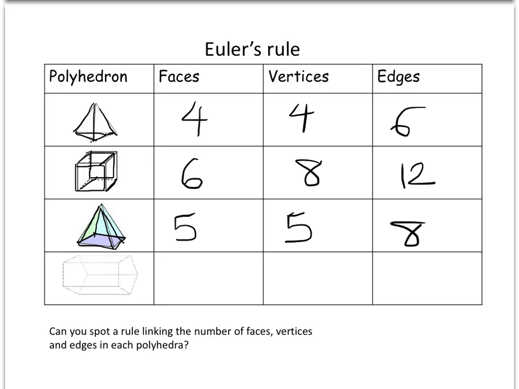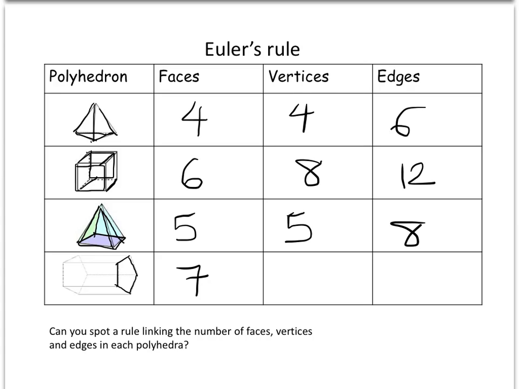8 edges. And our last shape, we've got a pentagonal prism, so we have a pentagon shape there as a face. So that has 7 faces because it'll have 2 of the pentagons and then 5 rectangles on the side, so 7 faces.